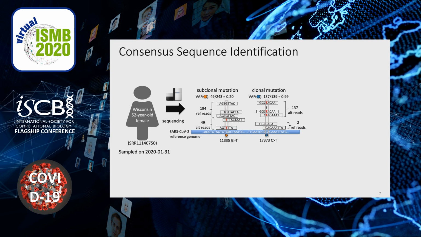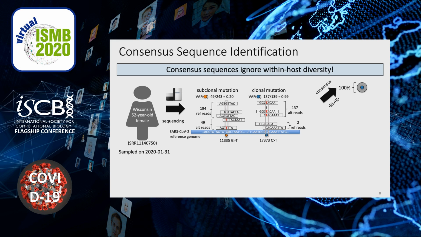On the other hand, for position 11335, we see a statistically significant number of reads that have a variant allele, and the resulting VAF is 0.2. Such a mutation must be present in a subset of strains that are present in the sample and can be seen as evidence of presence of multiple strains in the sample. So these kind of mutations are known as subclonal mutations.